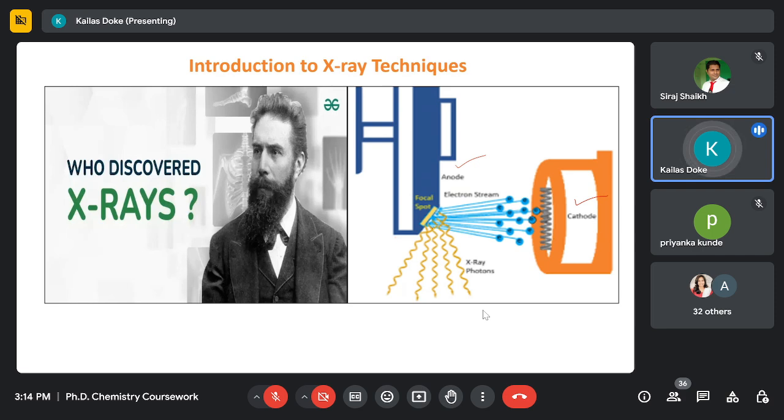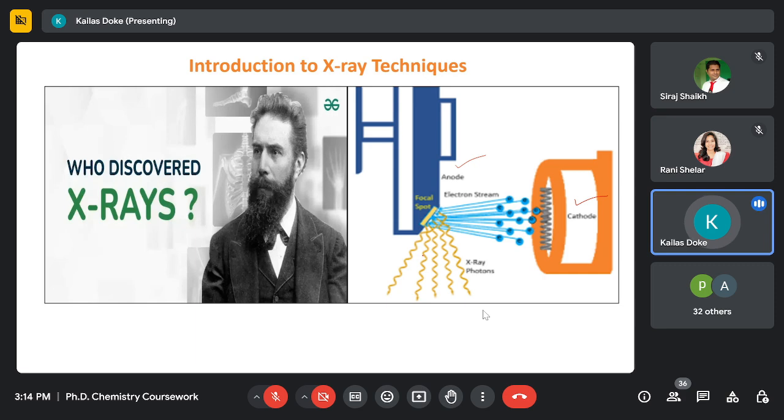So what might be the charge on the cathode and anode? Which will be the positive electrode and which will be the negative electrode? Cathode is negative, anode is positive.